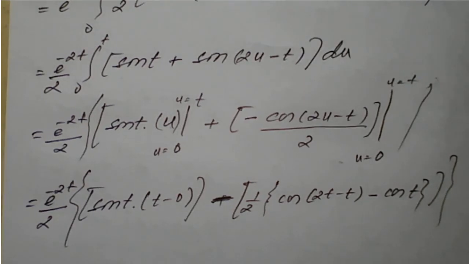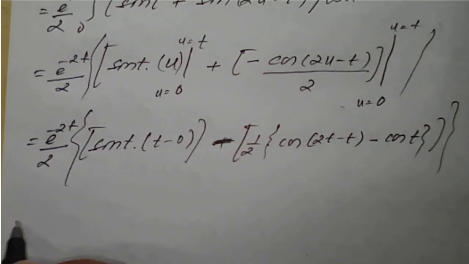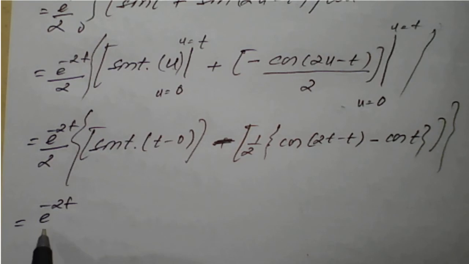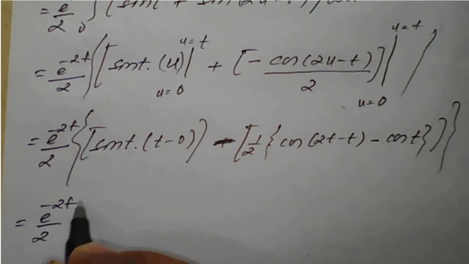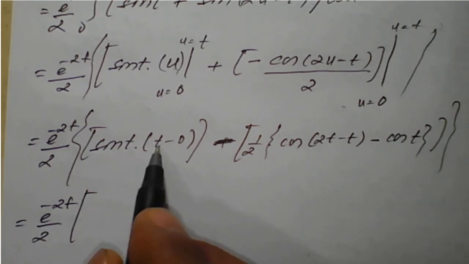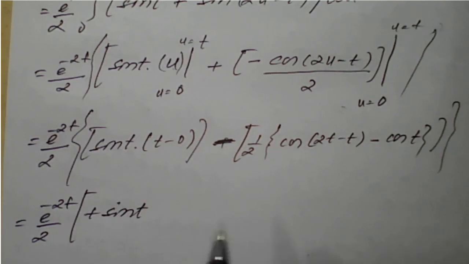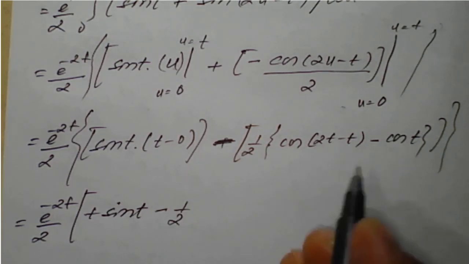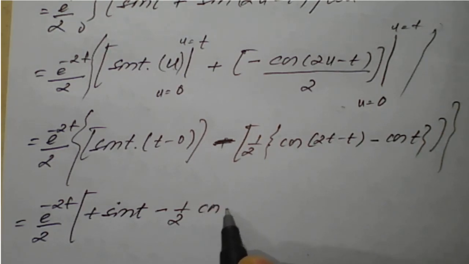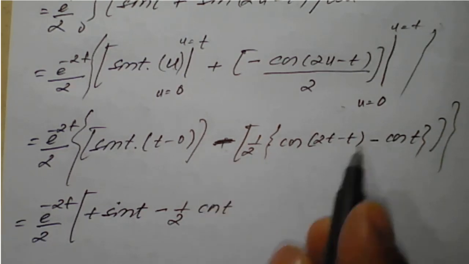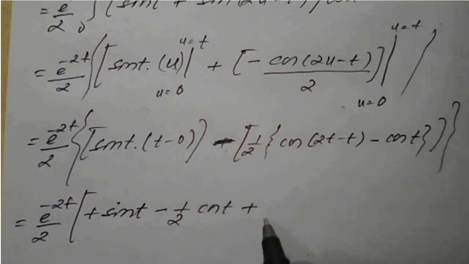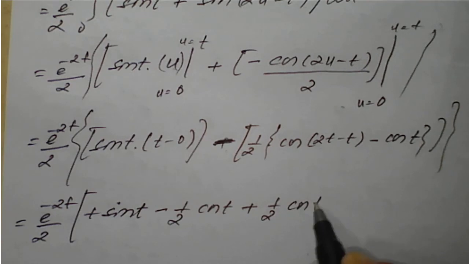On simplification we'll get e raised to minus 2t upon 2, t minus 0 is t, so t into sine t, minus 1 by 2 times cos of 2t minus t, which is cos of t, minus minus plus 1 by 2 times cos of t.